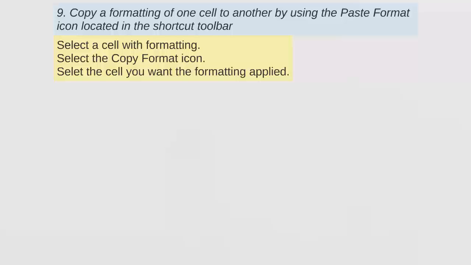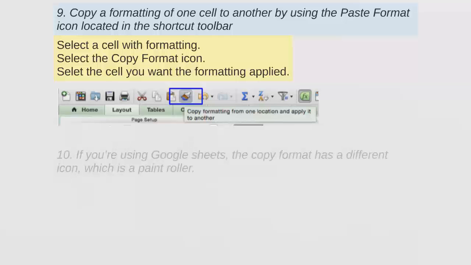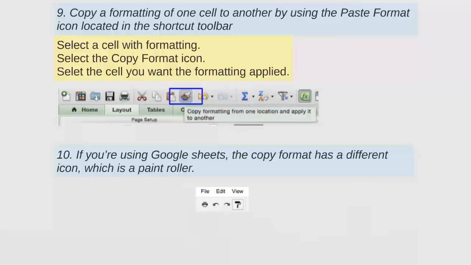You select that cell, you click the copy format icon, then you select whatever cell that you want, and then the formatting will be applied. It's going to look like a little paintbrush on your Excel spreadsheet. Now, if you're using Google Sheets, the copy format has a different icon. It has a paint roller that looks like this.